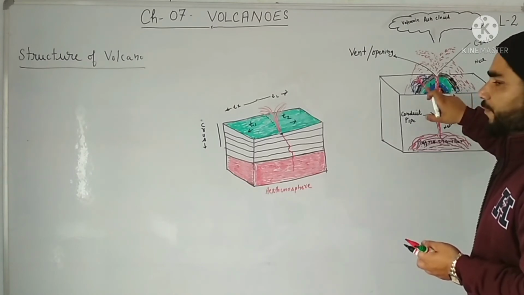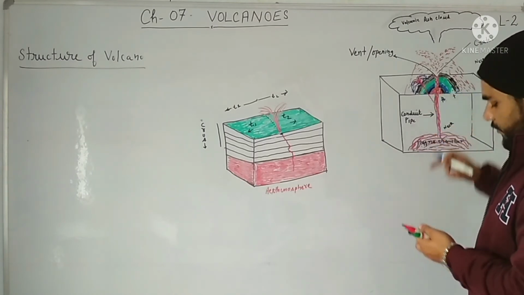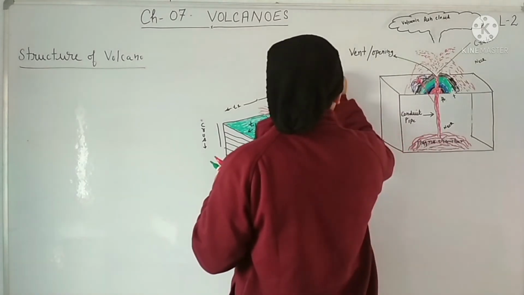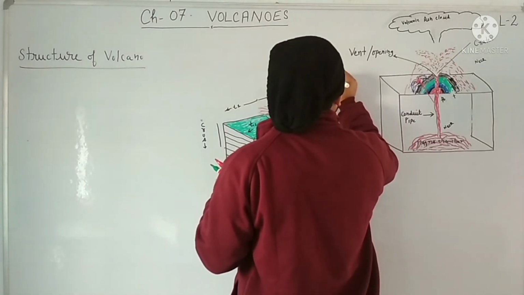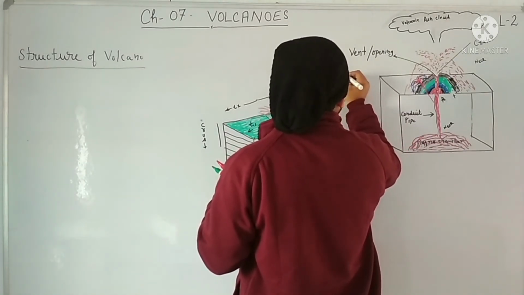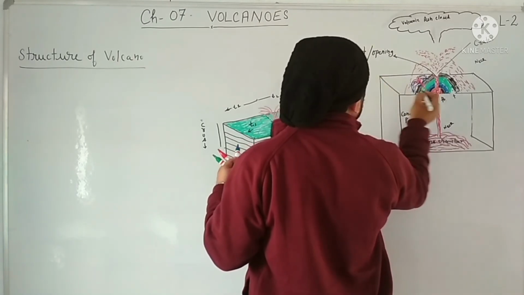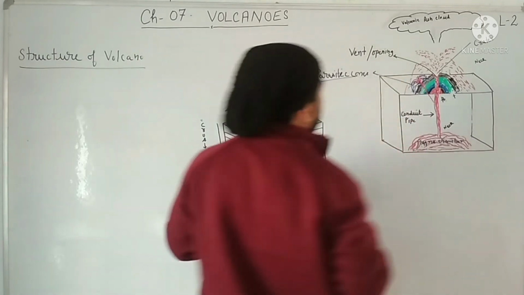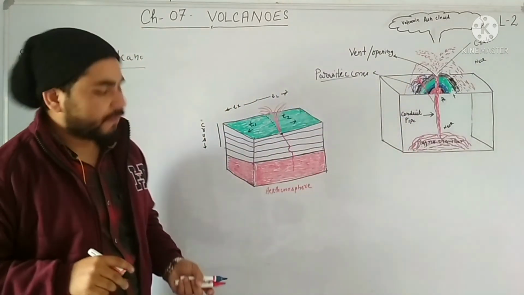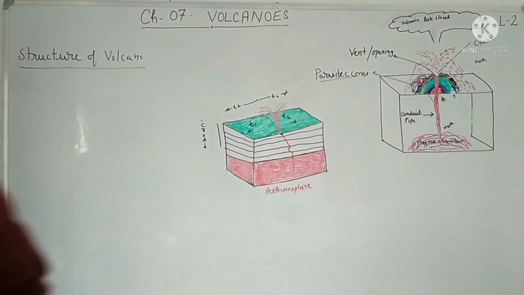That is why it is called parasite. So we call it parasitic cone. Like on Mount Etna in Italy, so many parasitic cones are there. Clear? So these many things are there which you need to remember.